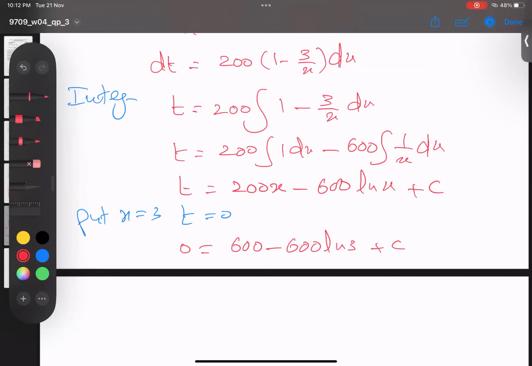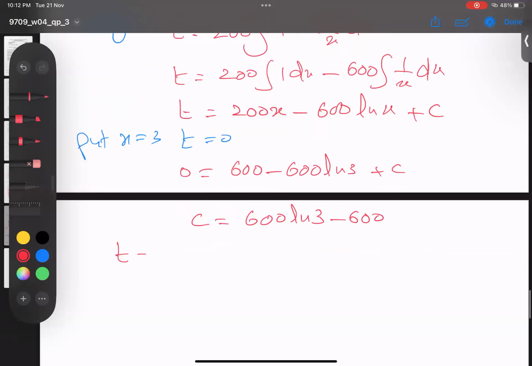We check once again. Yes. And this value c becomes 600 log of 3 minus 600. This value I'm going to plug in here. So when I plug in there, time is equal to 200x minus 600 logarithm of x plus 600 log of 3 minus 600.